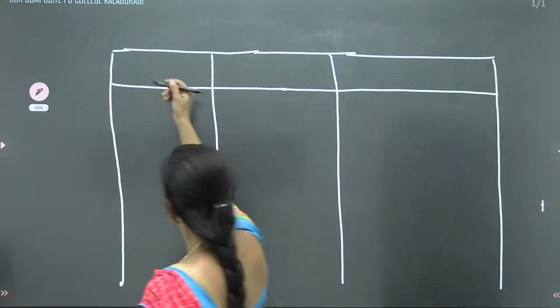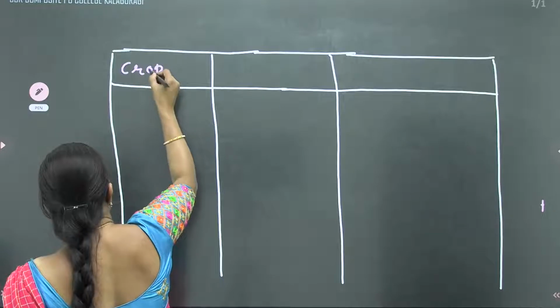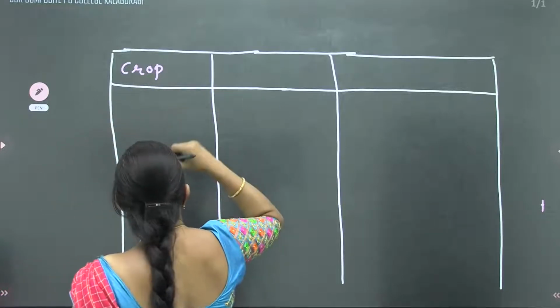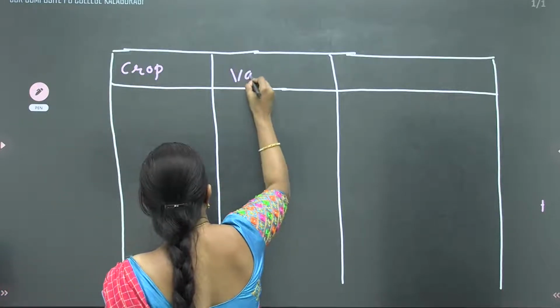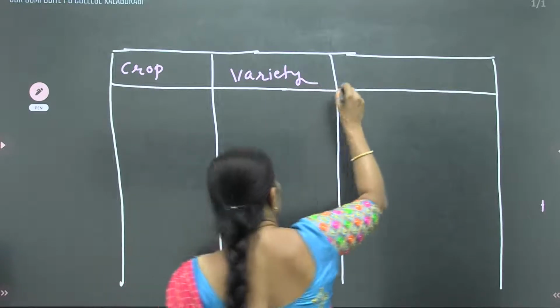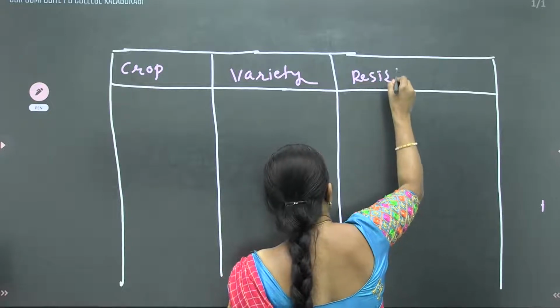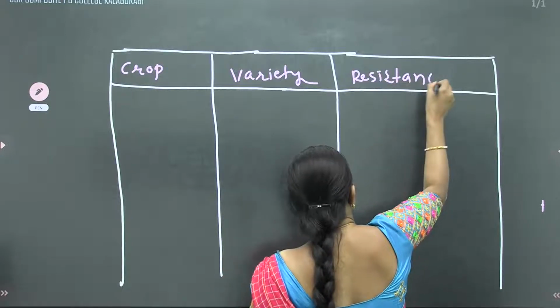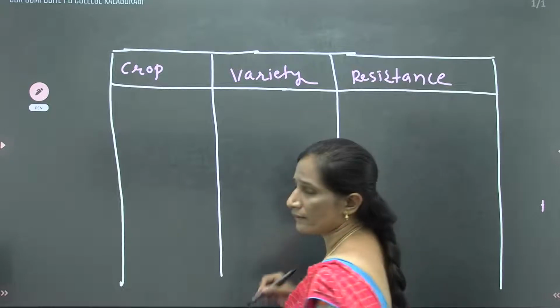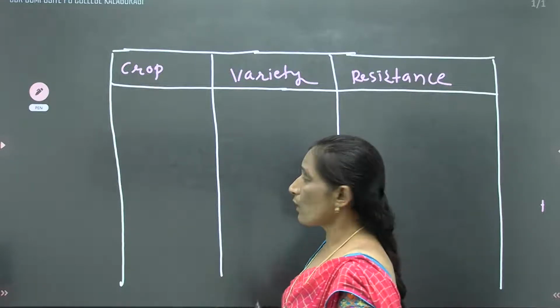Okay, the first column is crop. The second one is variety. The third one is resistance to the disease. The first one is crop.